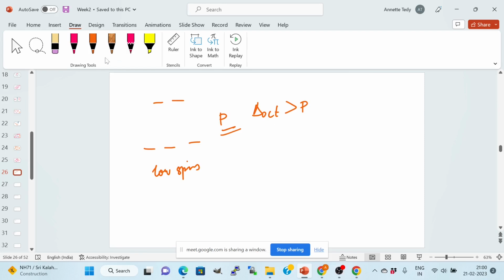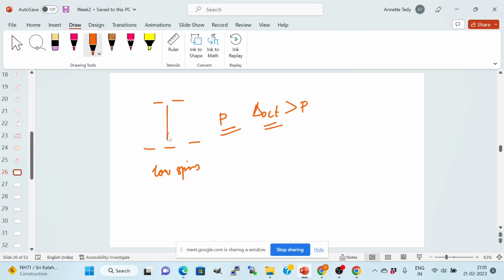So here, as I was saying, if delta oct is the crystal field splitting energy for octahedral complexes, and this is greater than pairing energy, what does it mean? It means that it is much easier to pair than to go to the eg, right?